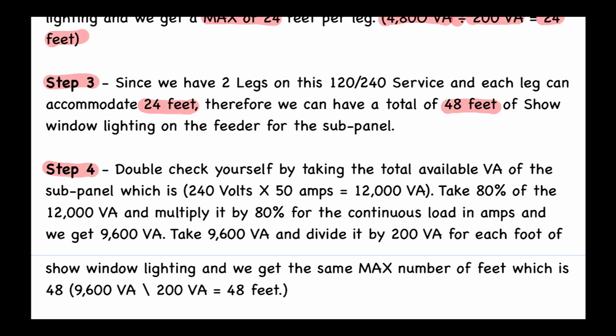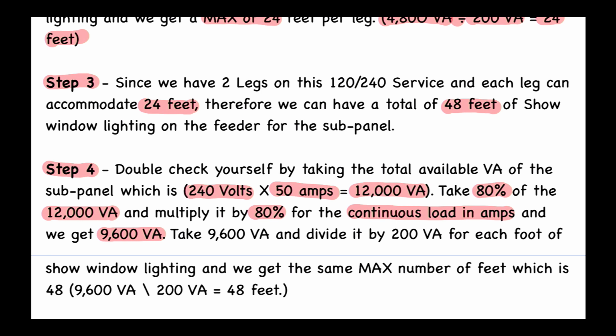So double check yourself by taking the total available VA of the sub panel, which we can do as 240 volts times 50 amps. So we have a total potential of 12,000 VA. Let's multiply the 12,000 VA by 80% for the continuous load, and we get 9,600 VA.